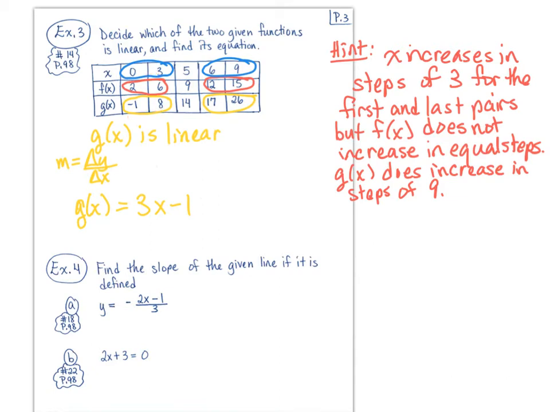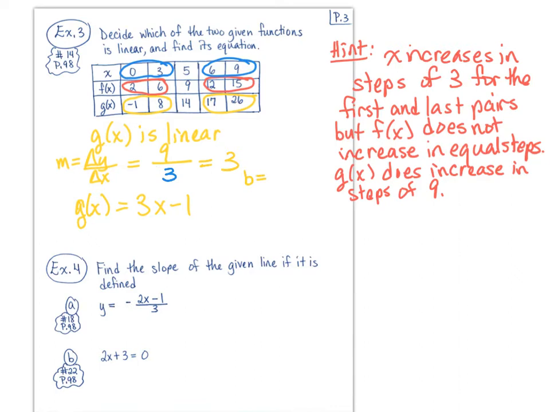You're going from -1 to 8. What was your change? 9, right? So your change in y is 9, which is equal to 9 over your change in x. And what was your change in x? 3, good. So that's your slope.